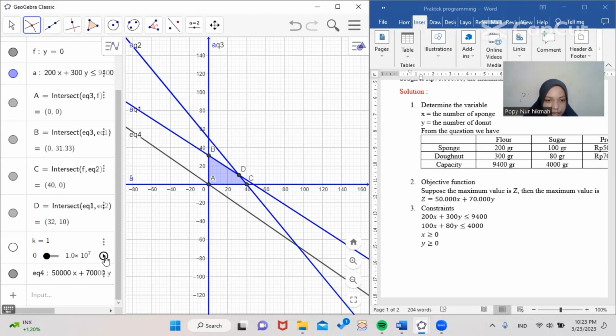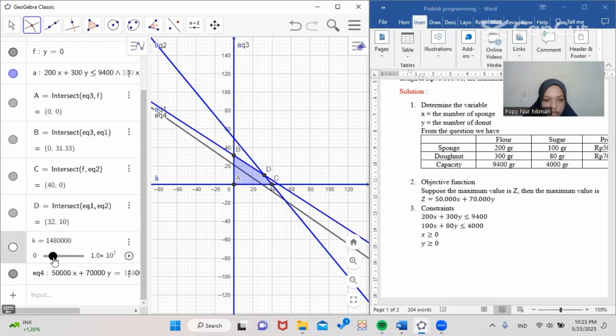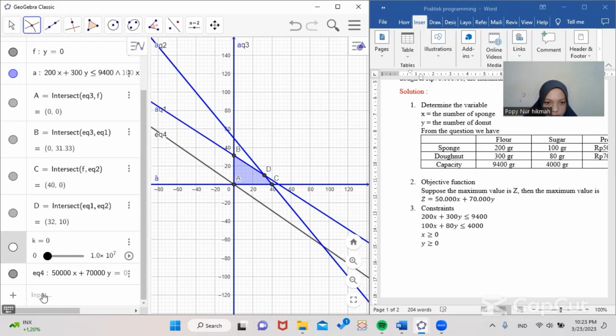If we play this k, the last vertex that meets the equation of the objective function is D. The first vertex is A, and then the second is B and C, and the last is D.